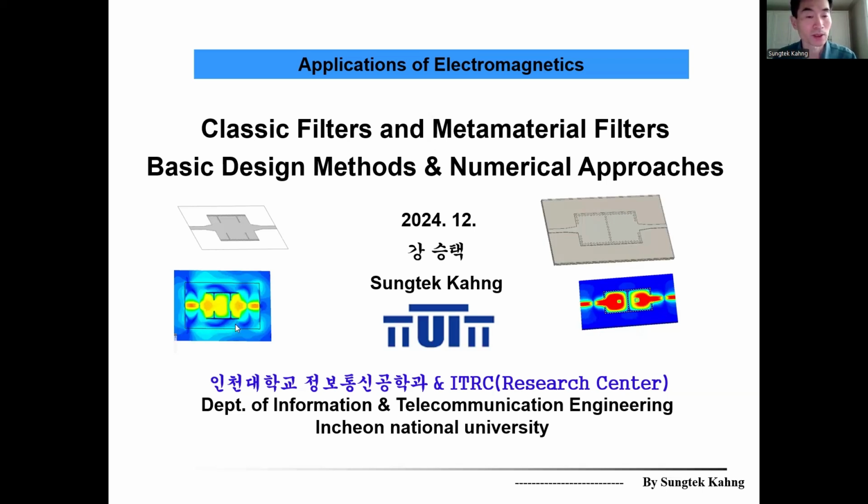The filter has the field distribution which goes from resonator one or cavity number one to cavity number four for the specific structure. As you see, the electric field of each resonator or cavity looks very healthy.